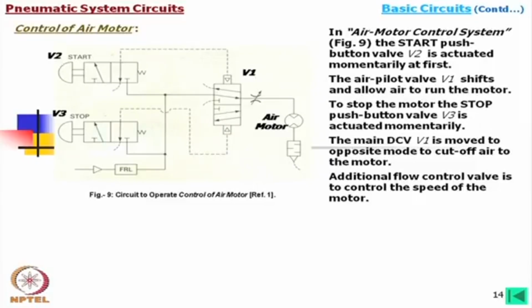We could have only this valve with some push button actuation from the main source, but using these two switches, if we press start and then leave it, this motor will continue running.